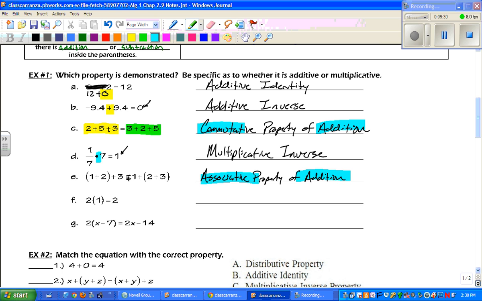For F, what operation is that? That shows right away which property we're working with. And then that's the identity. And last one, G. Which one do you think that is? The answer is the distributive.